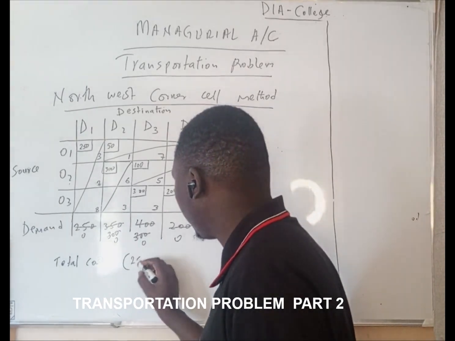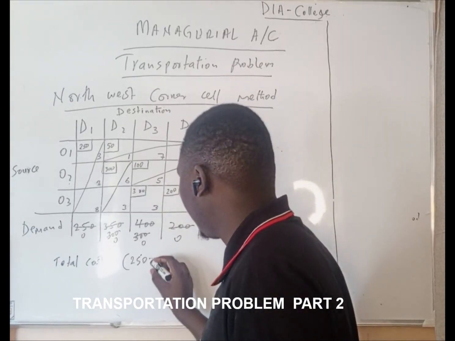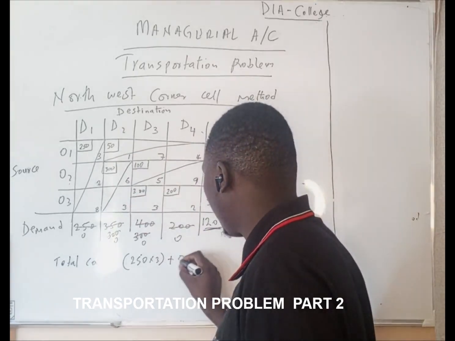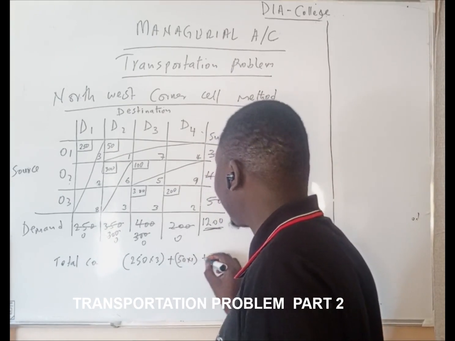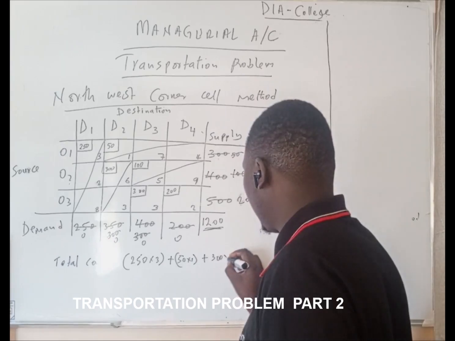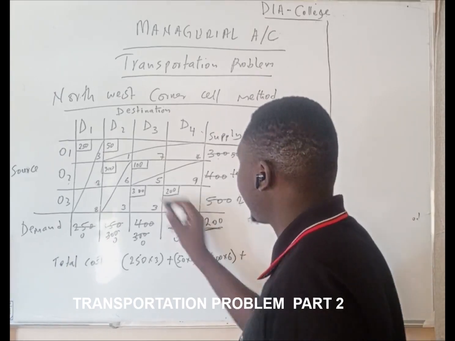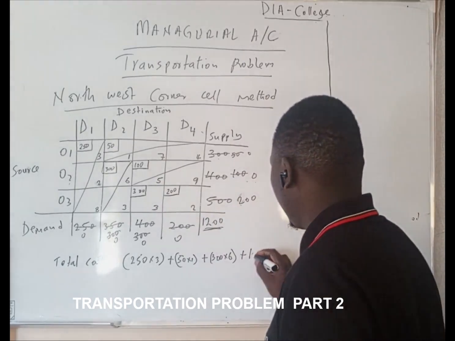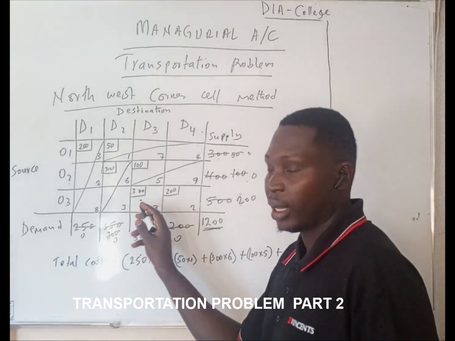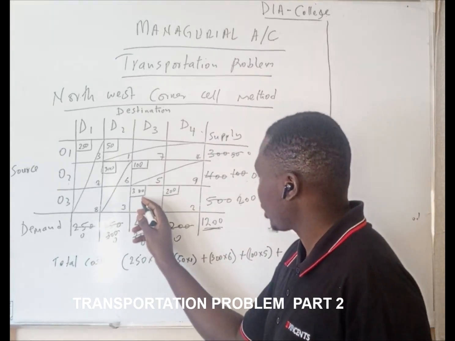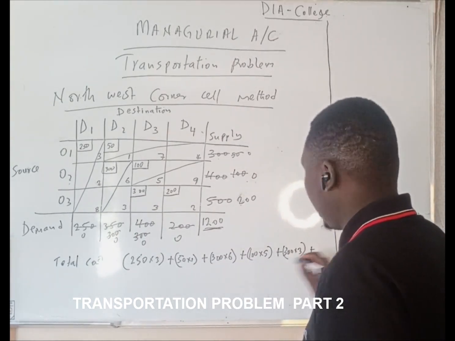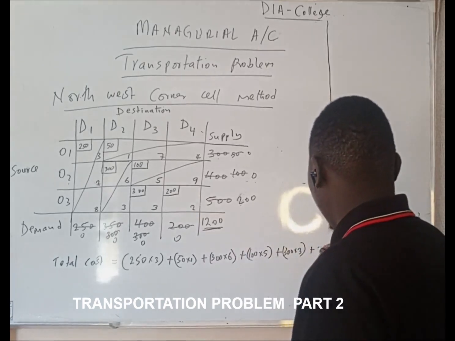So I'll say 250 times 3, plus 50 times 1, plus the next cell, 300 times 6, plus the next cell, 100 times 5, plus the next cell, 300, the second 300, times 3, plus the last one, 200 times 2.